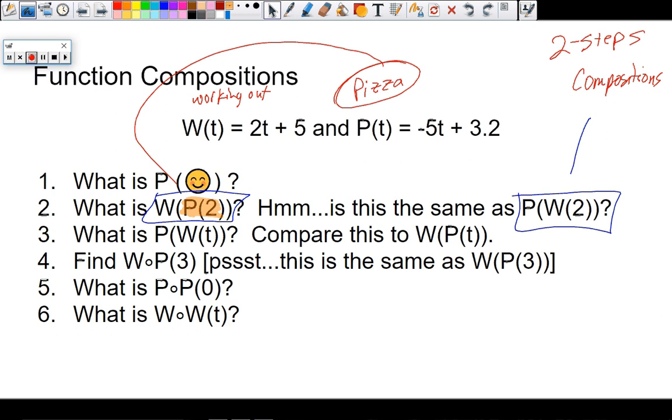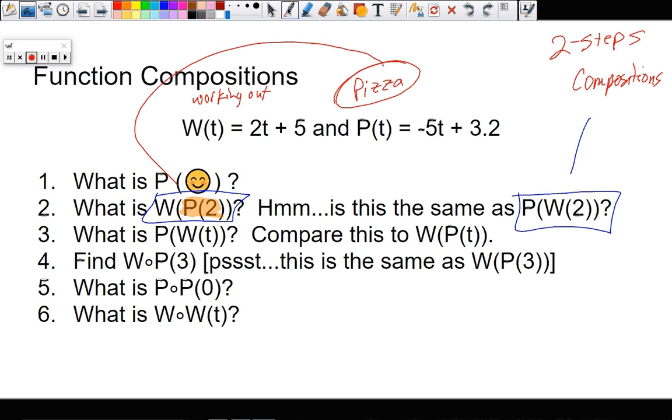2. So now, let's go find the machine that is P of T, and where the input value is, we're going to plug in 2. What would I get if I plug 2 into this? -10 plus 3.2, right? What does that give me? -6.8.